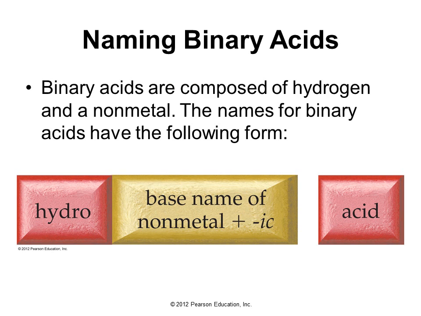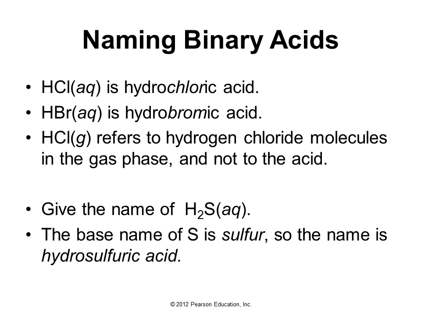If they're binary, the name is easy. We simply put the word hydro in front, name the nonmetal that it's made up of, and add "-ic" to the end. An example will help. This is binary, 2 elements, hydrogen and chlorine, and so it is hydrochloric acid.